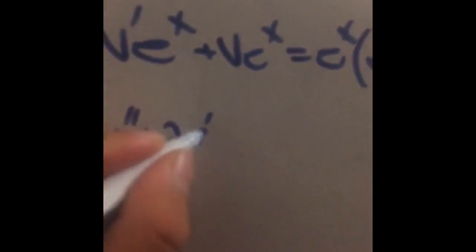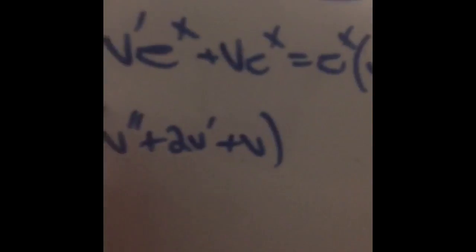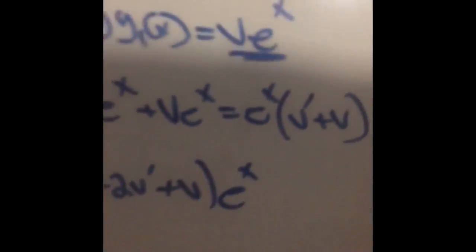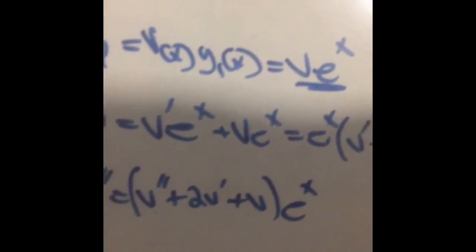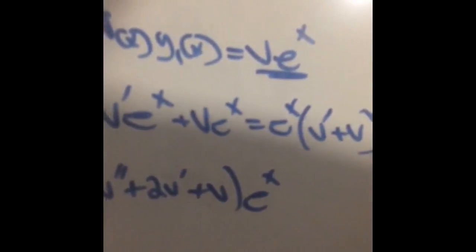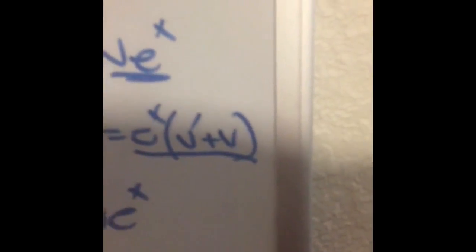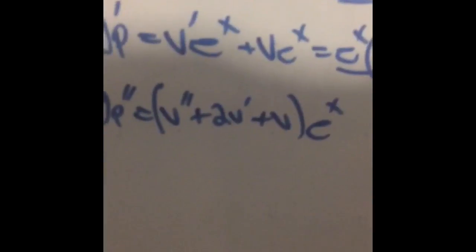Then we would take the second derivative, and that would equal v double prime plus 2v prime plus v times e to the x, which we would get by taking the derivative of that.